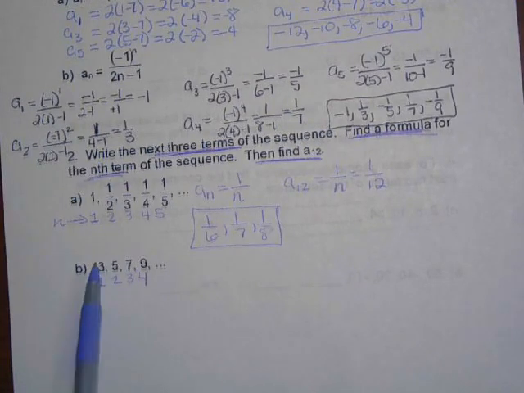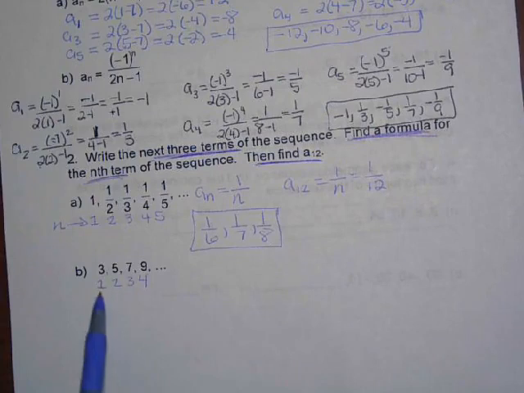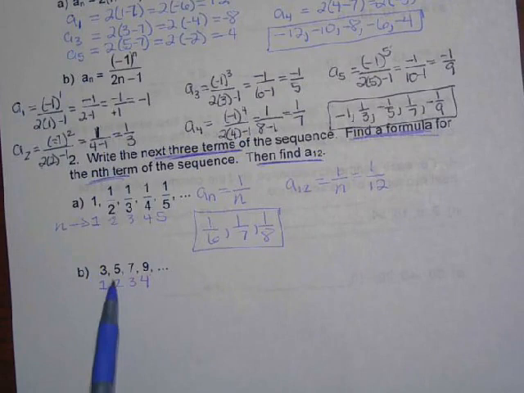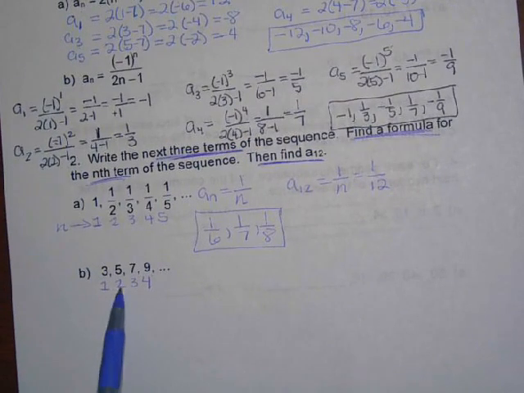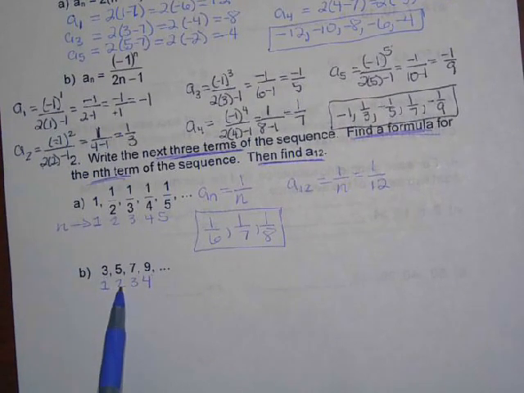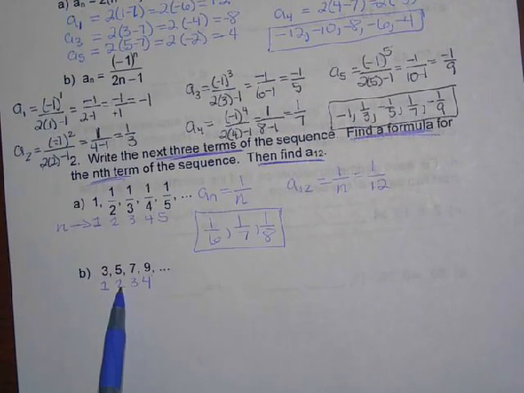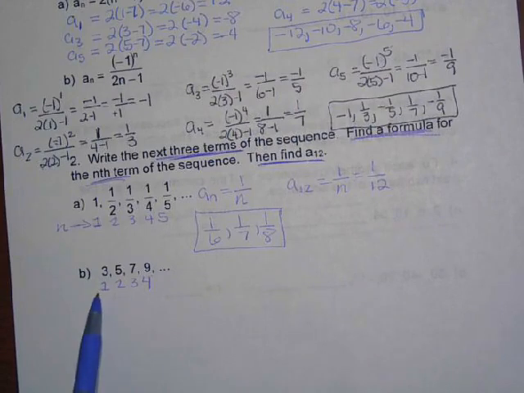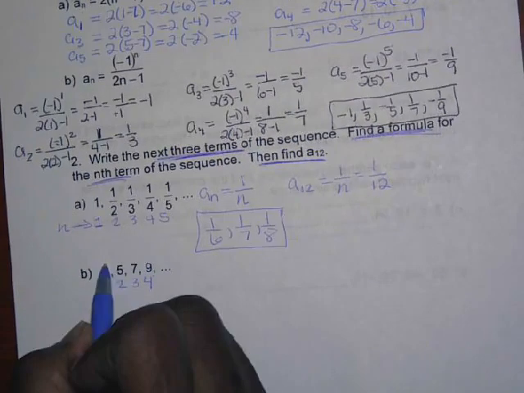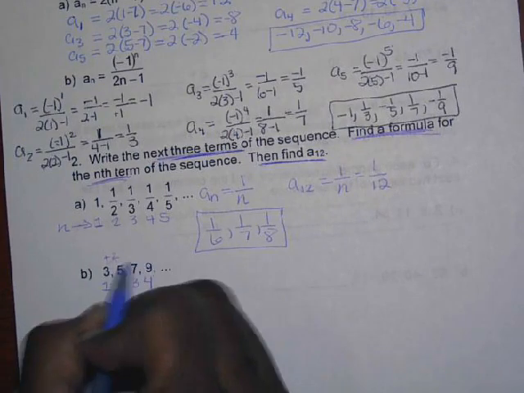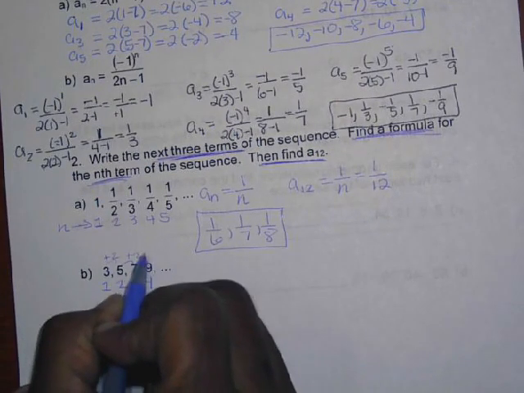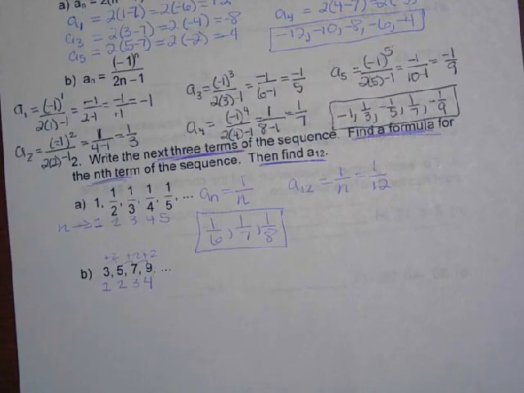Let's see. 1 times 1 is 1. 1 plus 2 is 3. 2 times 2 is 4. That doesn't work. Let's see. These are going up by 2's, right? So that helps. I know that a 2 is involved in this.